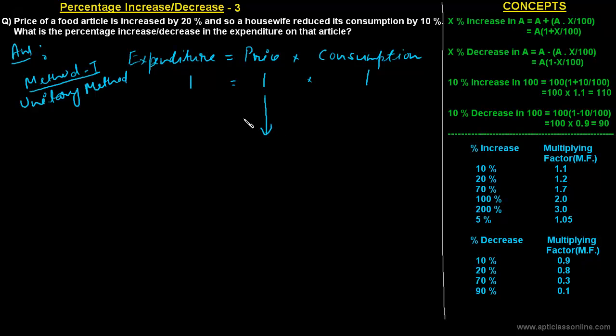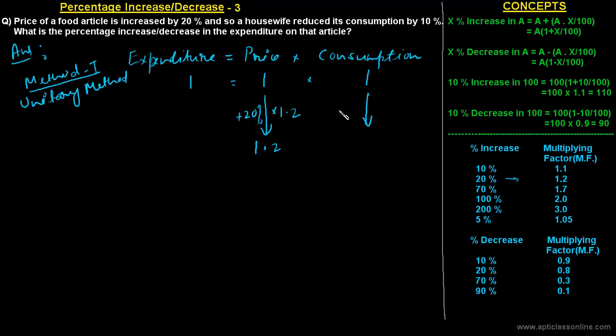So when the price is increased by 20%, that means it has to be multiplied with 1.2, because for a 20% increase, the multiplying factor is 1.2. So 1 has become 1.2. And so the housewife reduced its consumption by 10%.